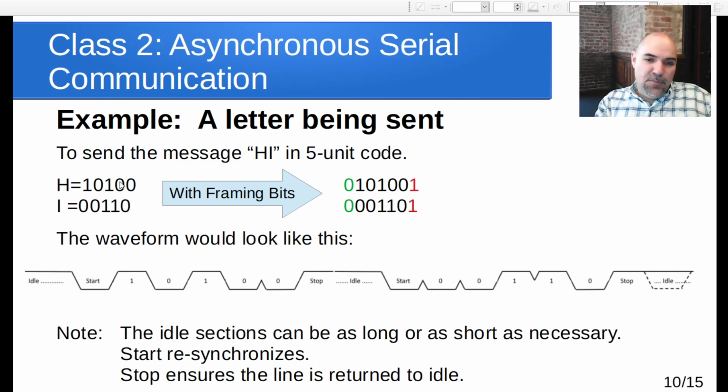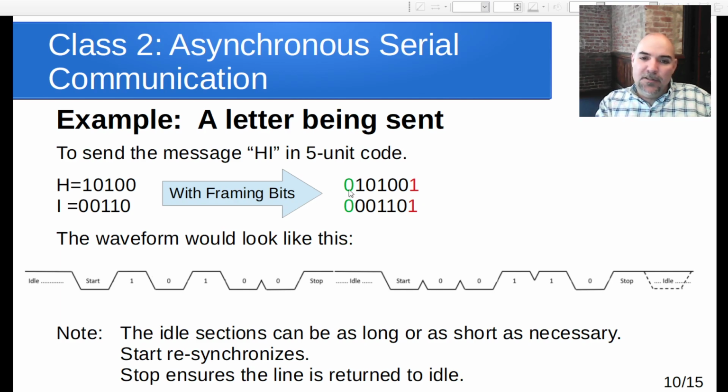Now, in order for these to be sent, we can add the framing bits. Notice over here, I just wrote those on the ends. That's to make sure you see the whole message being sent is always going to have a 0 at the front for the start bit, because our line idle is high. Then the data bits in the middle, and then the stop bit at the end, which is always going to be the opposite of the start bit, which in this case is a 1.